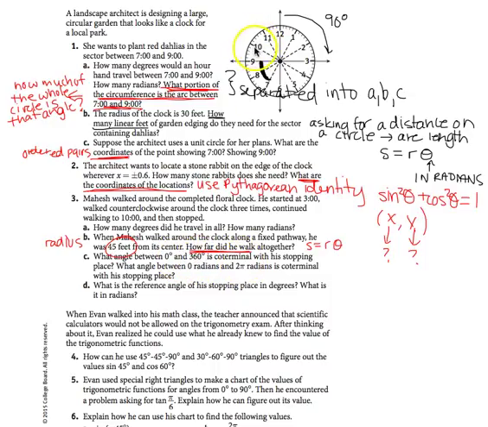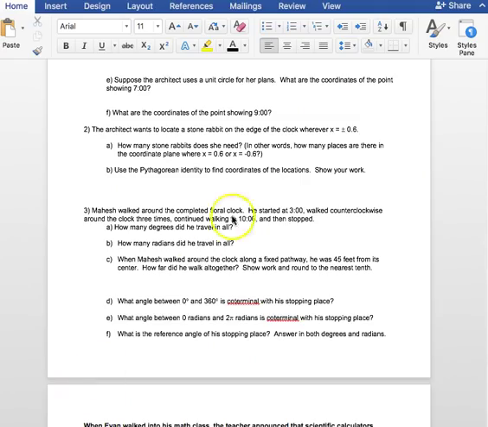So when he stops at this 10 o'clock, after he goes around, it's asking what is that stopping place on the actual unit circle itself. Remember that you're given a unit circle for this, so that should be a pretty easy thing to answer. So what angle between 0 and 360 is coterminal? What angle between 0 radians and 2 pi radians is coterminal? And then last thing for that part is what is the reference angle? And it wants degrees and radians.